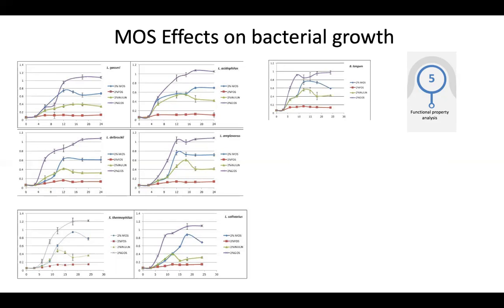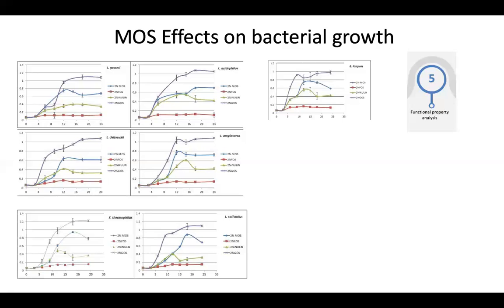And this is the result of the oligosaccharide that we produced, and we tested it for the prebiotic activities, meaning the ability to stimulate the growth of the friendly or beneficial bacteria, which are probiotics. And we show here that it helped to improve the growth of many bacteria, like Lactobacillus acidophilus and all this. If you see this, the MOS is blue, so you see it helped improve the growth when compared to another oligosaccharide.